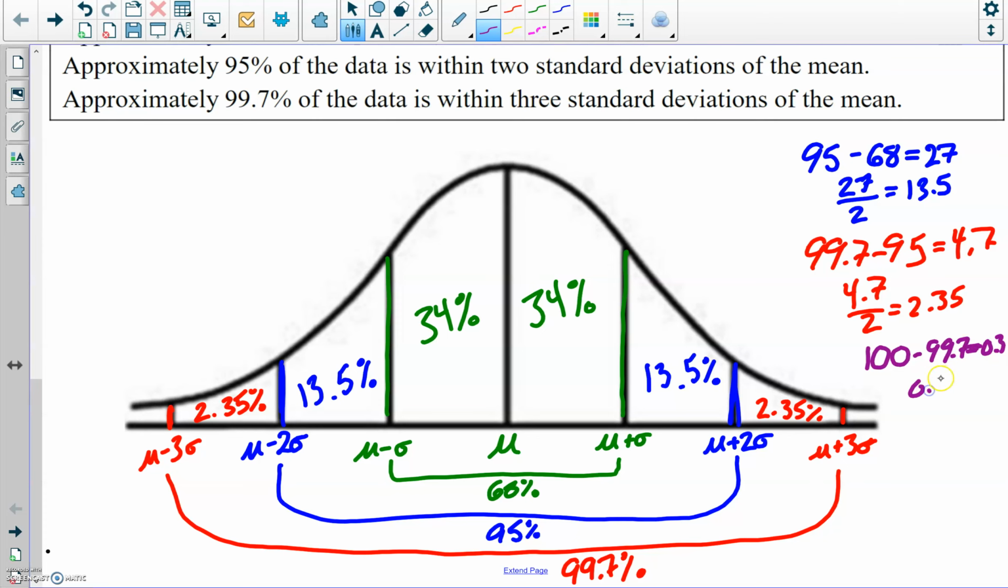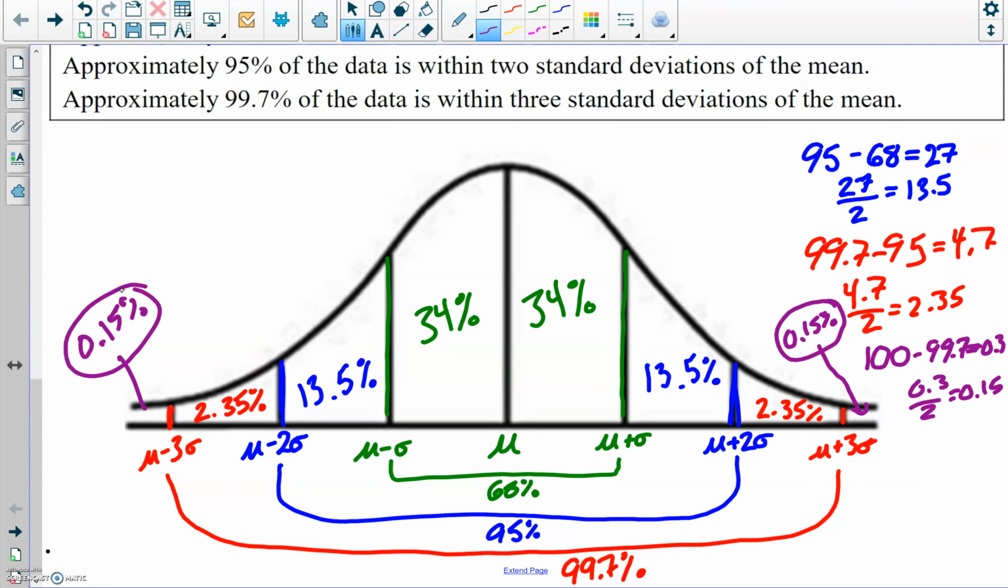And then you divide that by 2, and you get 0.15. So I'm going to draw this up this way. You got 0.15% here, and over here you've got 0.15%.